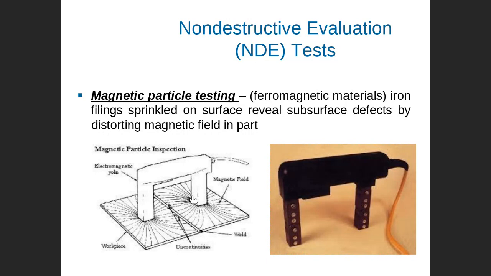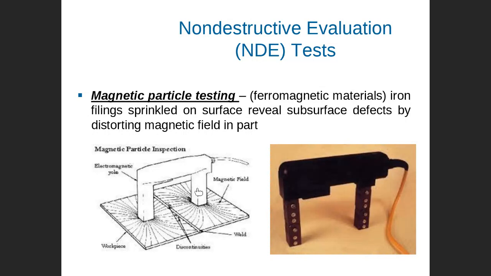Then the iron powder will be distributed based on the magnetic field created. If distortion happens in the distribution of the iron powder, then you can realize that this distortion comes from a defect below the surface. This cannot tell you exactly where it is located or how big or small, however, it can tell you whether there is a defect or not.